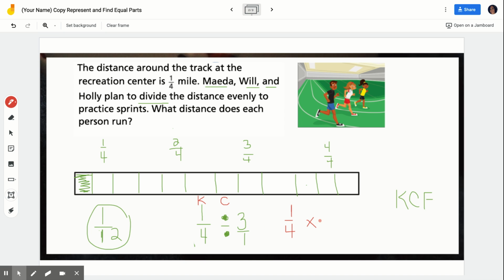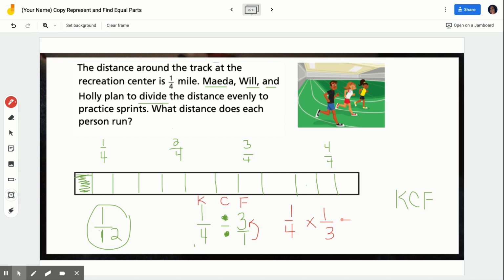So keep the first fraction, change the sign to multiplication, and last, flip. I wish there was a better way to say this. Flip means to flip this fraction. That is called the reciprocal. So when we are dividing, we're going to find the reciprocal by flipping the numerator and the denominator. So the numerator becomes 1 and the denominator becomes 3.